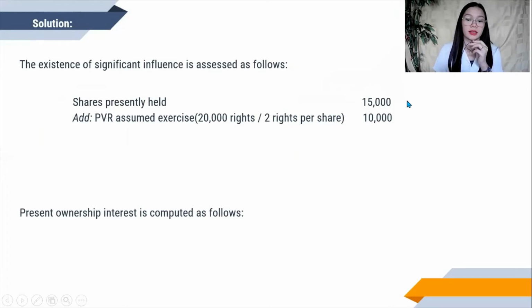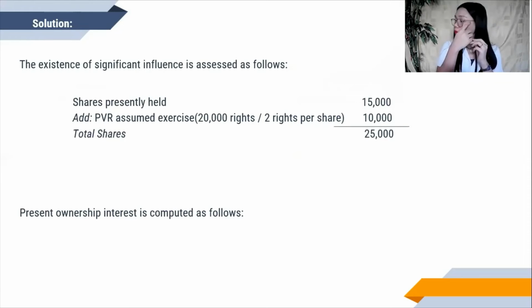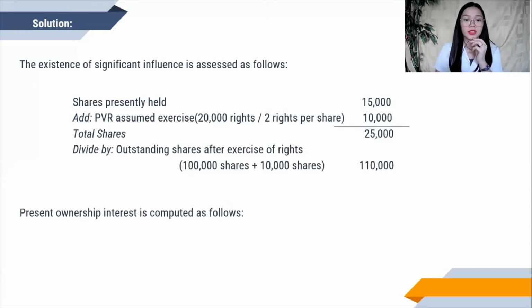So may additional siyang 10,000. So ang total shares talaga ni Pepper Company is 25,000. I-divide natin yan sa outstanding shares na meron si Morgan Company plus yung na-exercise na rights which is yung 10,000. So meron siyang 110,000 outstanding shares after exercise of rights si Morgan Company.